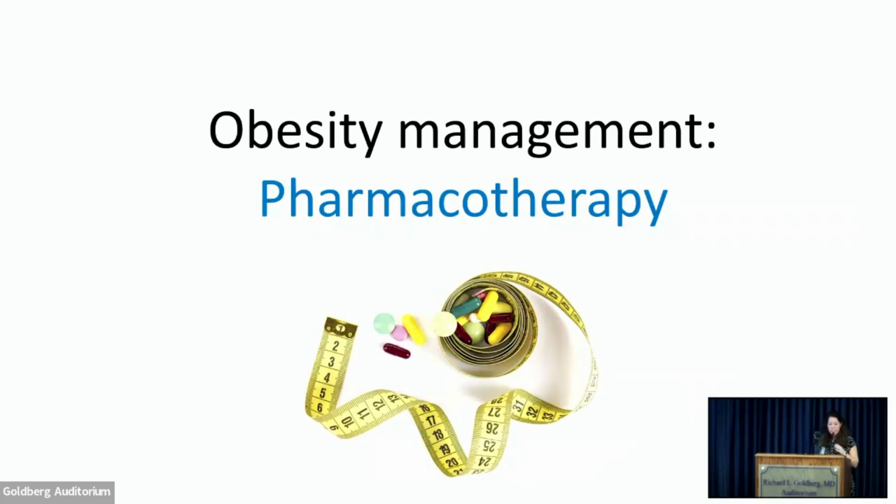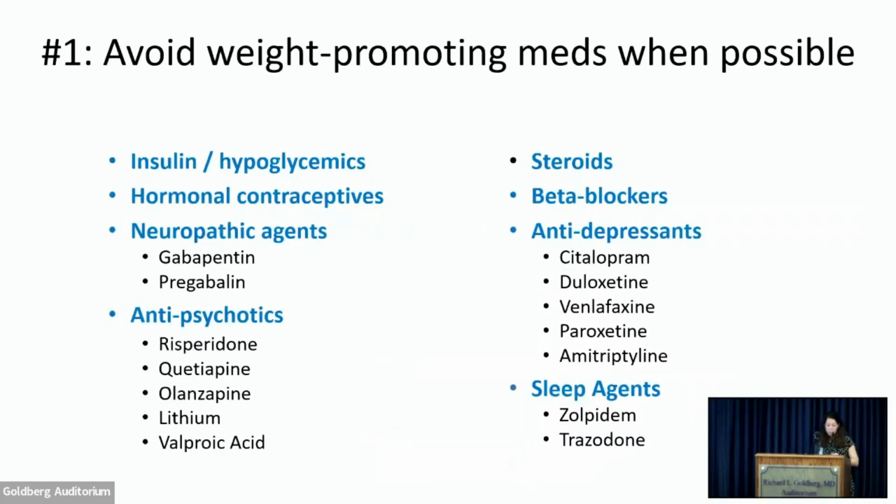And so let's move on to pharmacotherapy. So first thing is to avoid weight-promoting medications before we talk about obesity pharmacotherapy. There are many agents that we prescribe to our patients that are associated with weight gain, including diabetes medications, hormonal contraceptives, neuropathic agents, antipsychotic medications, steroids, beta blockers, certain antidepressants and certain sleep agents.